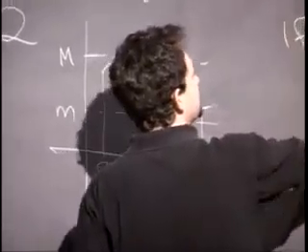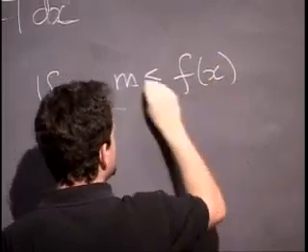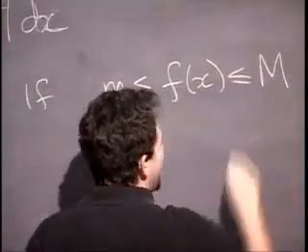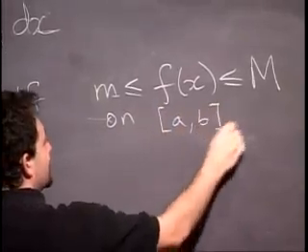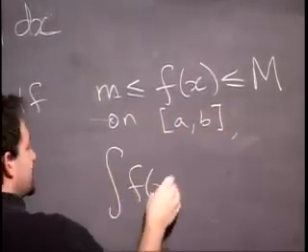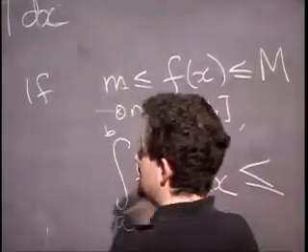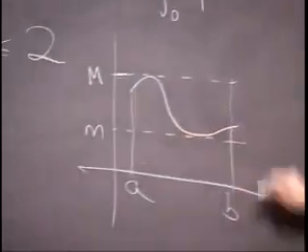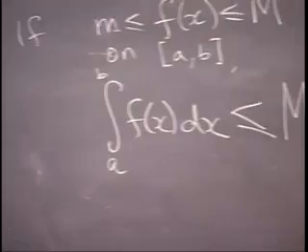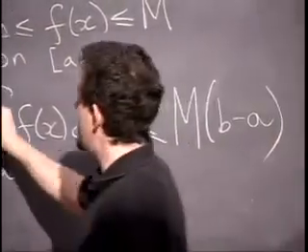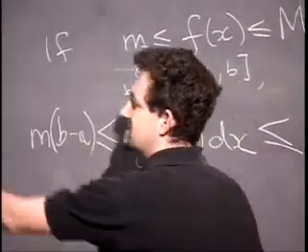So if little m is the minimum of f and capital M is the maximum on the interval a, b, then the integral of f of x dx, that's the actual area, is no more than the area of the big enclosing rectangle, capital M times b minus a, and is no less than the area of this little rectangle.